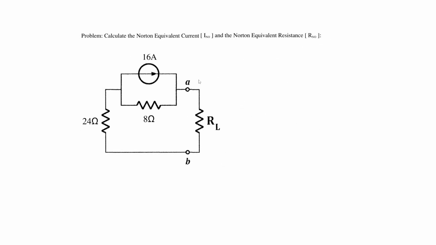For this problem, we are asked to calculate the Norton equivalent current and the Norton equivalent resistance. Let's signify our current flowing between terminals A and B as our I_N. We will also need to remove our resistive load element and replace it with a bare wire.